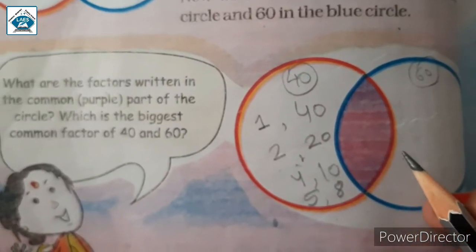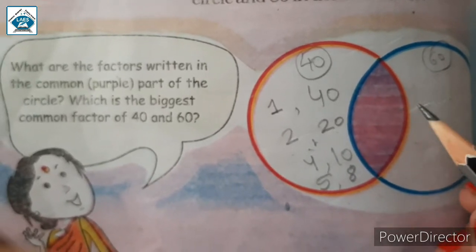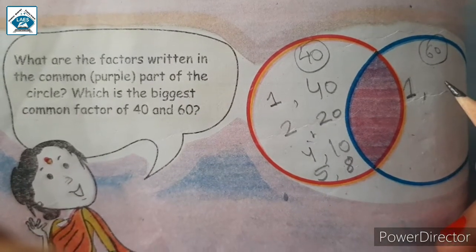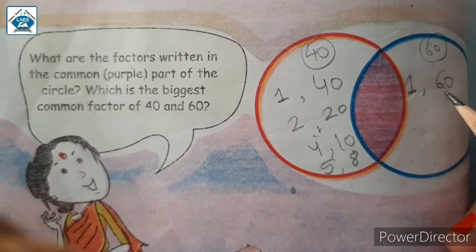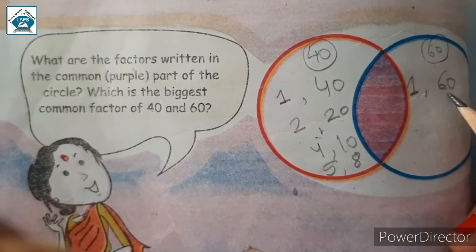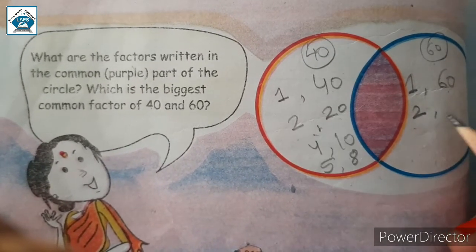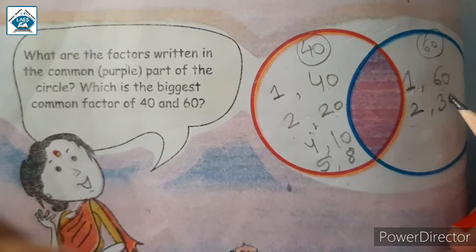Similarly, you will find the factors of 60. The first number will be 1 and the next number will be 60, because 1 multiplied by 60 is 60. Next, 2 multiplied by 30 is equal to 60.